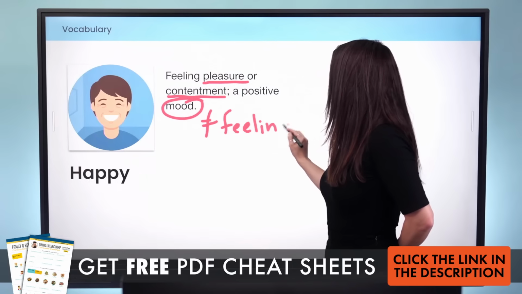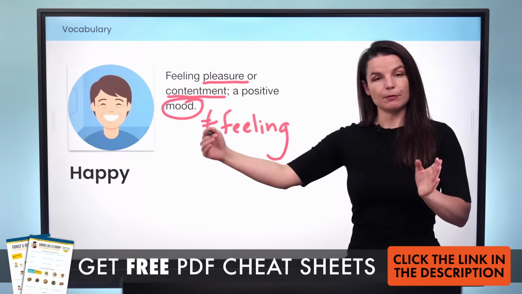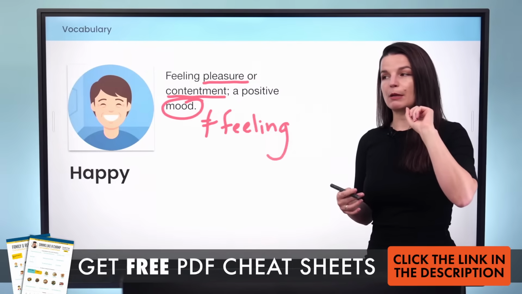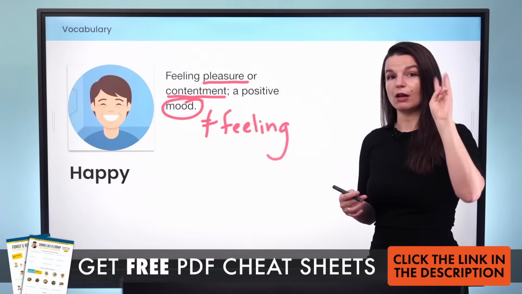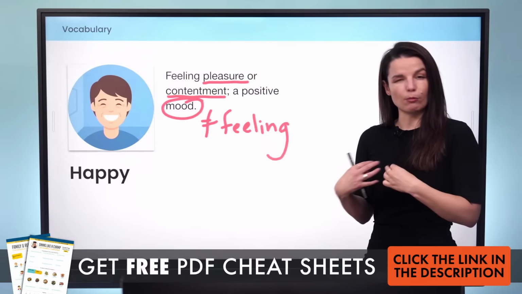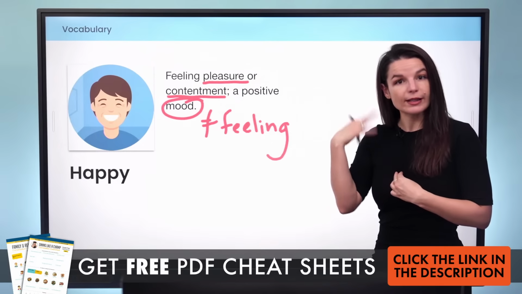A mood is like over a period of time. Like maybe think about how you're feeling now. Maybe you feel happy, or maybe you feel tired, maybe you feel hungry, right? Those are all our feelings, right? Something our body needs, or something like maybe we feel stressed, right?